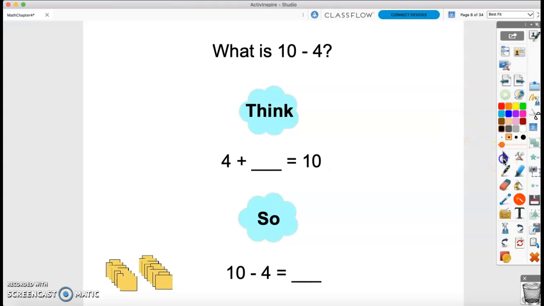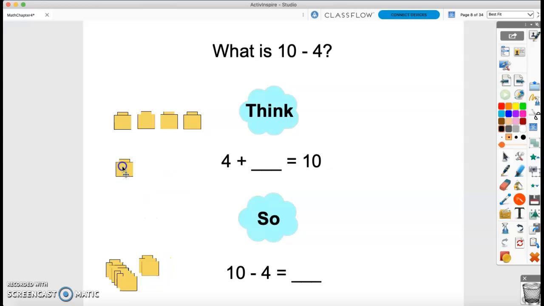So it says, what is 10 minus 4? So we're going to think 4 plus something equals 10. So I'm going to put up 4. 1, 2, 3, 4. Now I need to get to 10.